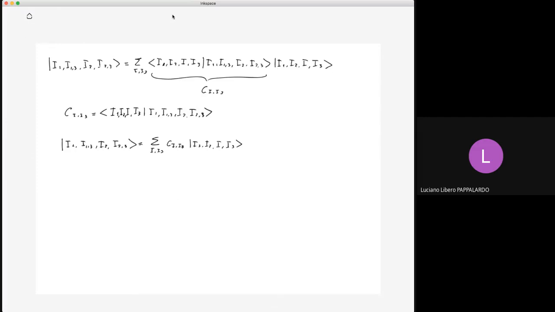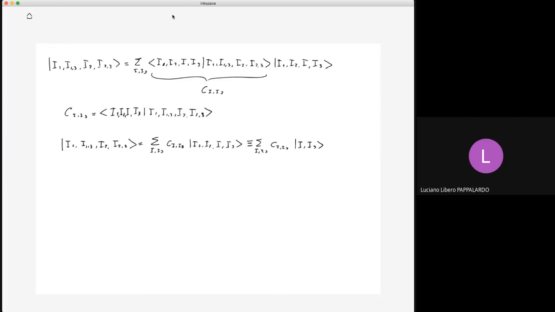Or we can simply write this even in a more compact way as |I, I3⟩ C_I3, and then we just write here the total isospin and third component. This is an equivalent way, just a shorter notation. Okay, so I think all this you know already.